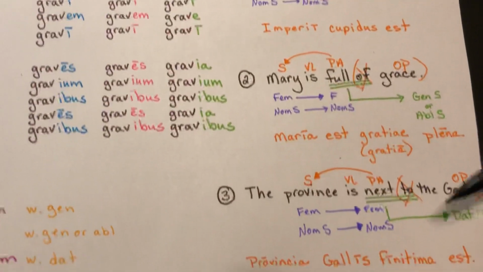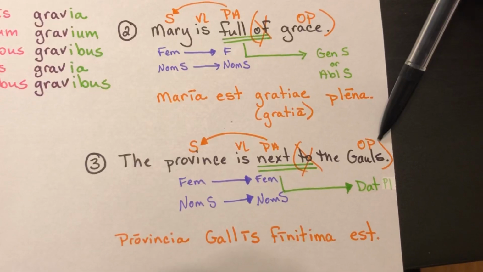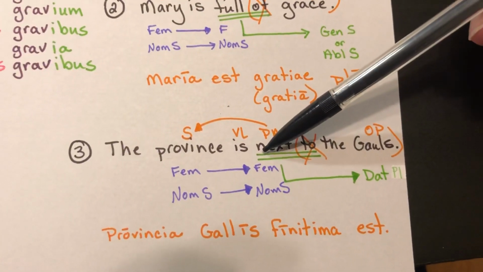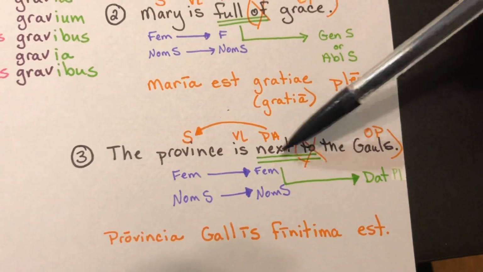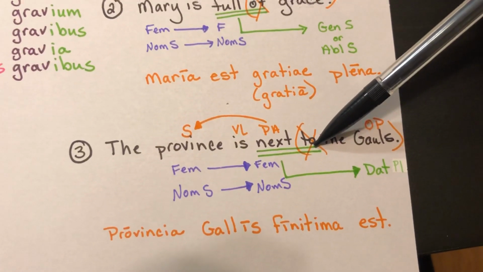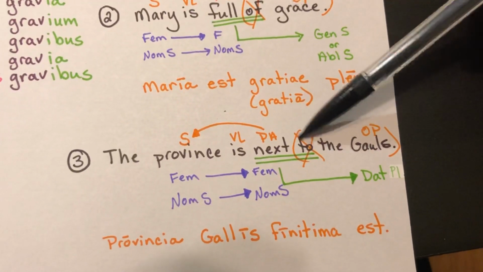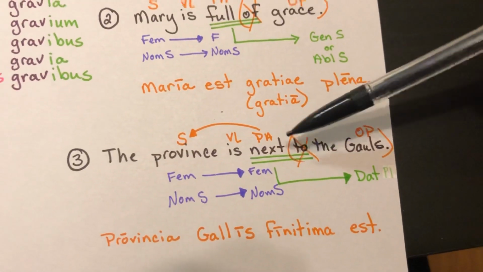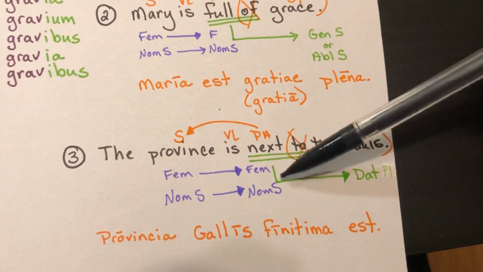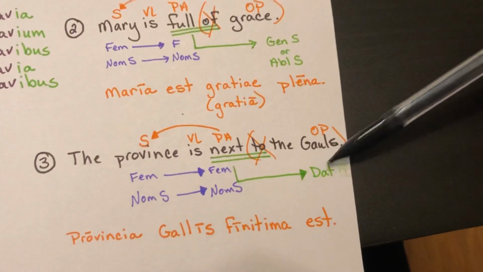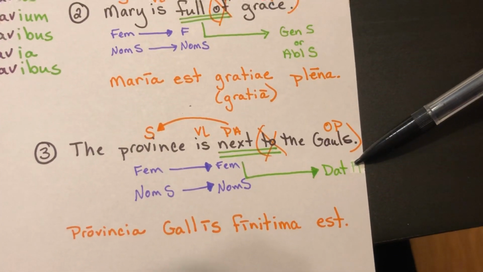Last one. Here we go. We're going to parse it. Okay, again, this is our special phrase here. Next to, these two just go together in English, all right? But in Latin, we won't have a word for here, so we're going to cross it out. But next to, according to the vocabulary, it says it always takes the dative. Well, in our situation here, Gauls is plural, so we're going to use the dative plural.